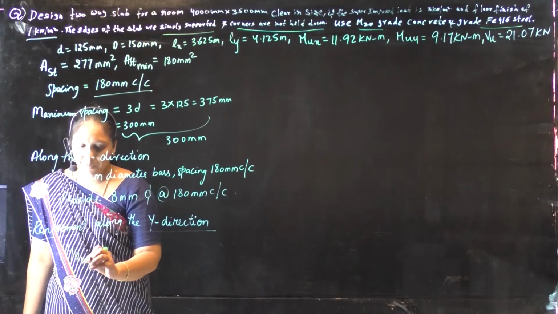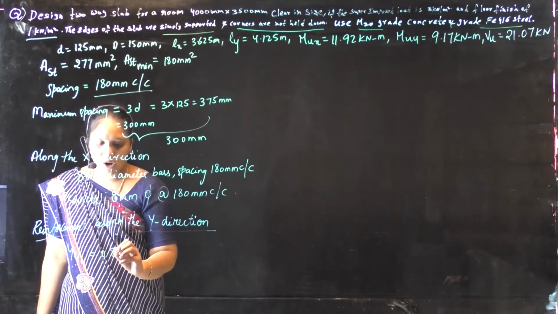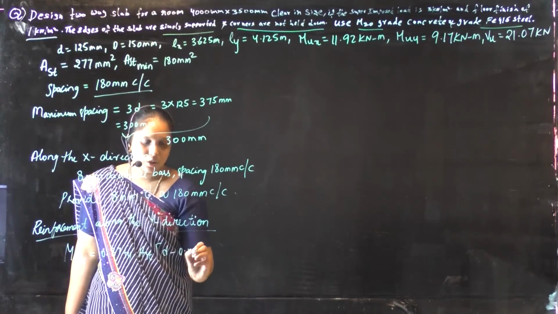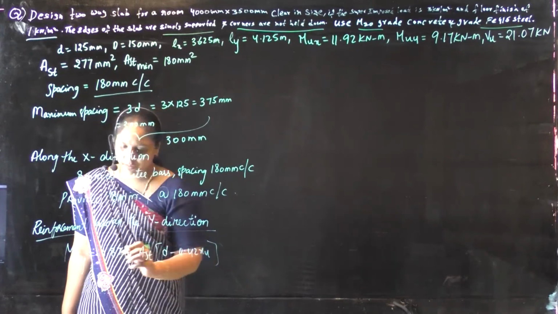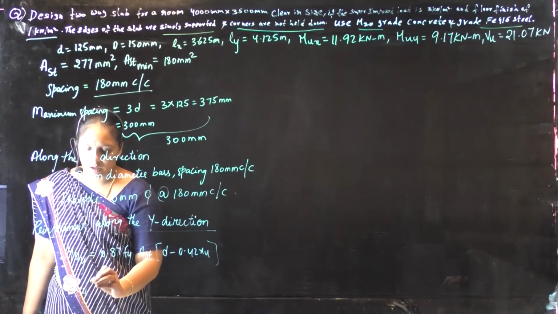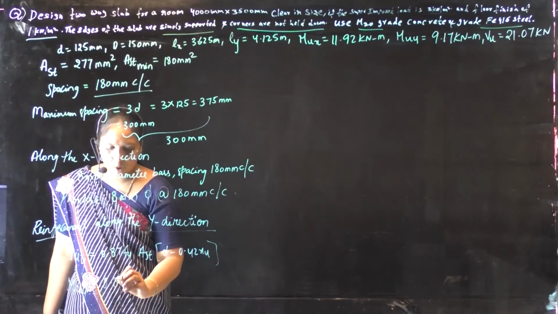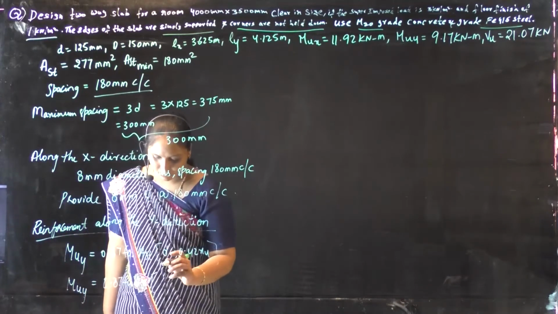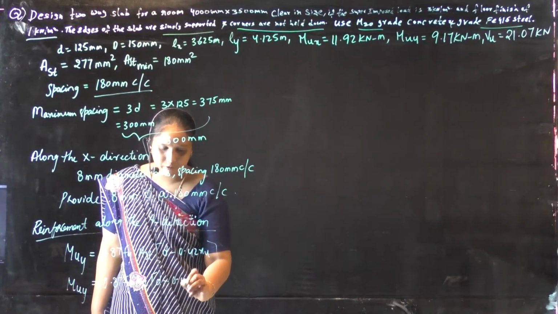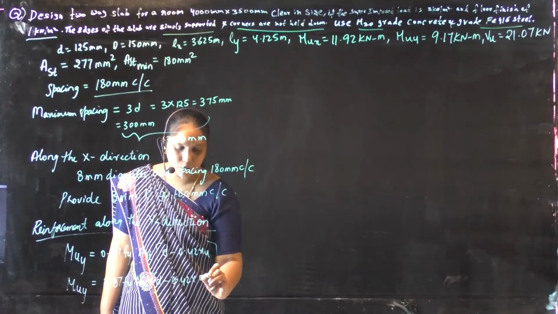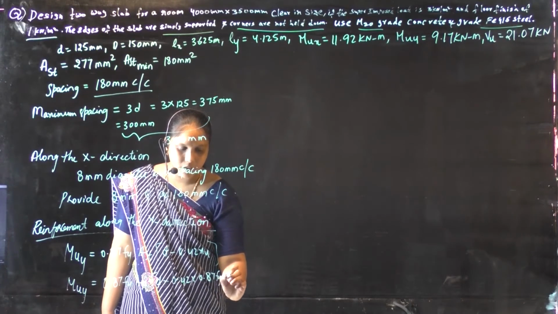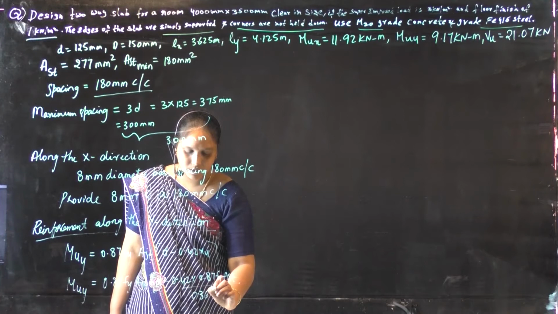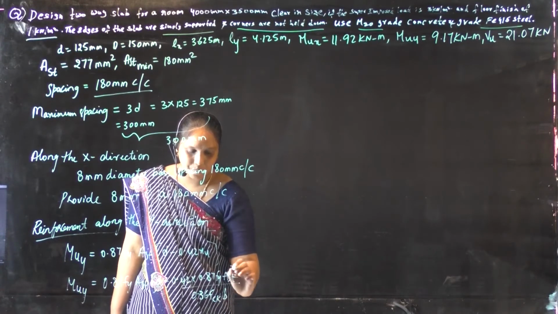By using the equation Muy is equal to 0.87 Fy into Ast into (d minus 0.42 Xu), where Xu is 0.87 Fy into Ast divided by 0.36 fck into b.